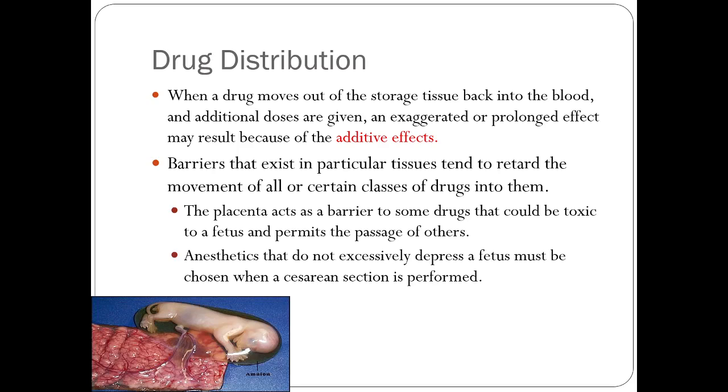There are anesthetics that do not excessively depress a fetus, and those need to be chosen when we're doing a C-section. Generally we want to go primarily straight to gas anesthesia as quickly as possible, or give a real short-acting, mild sedative, so it's not going to affect those babies.